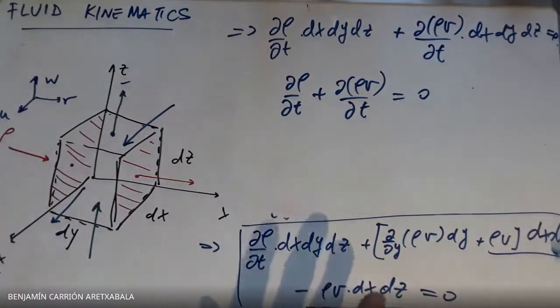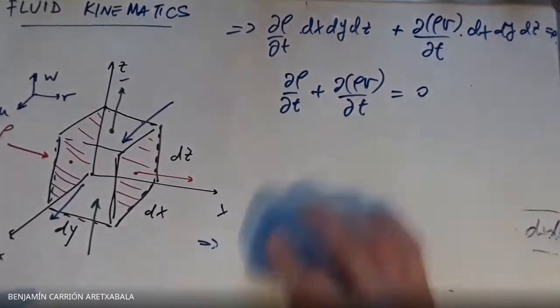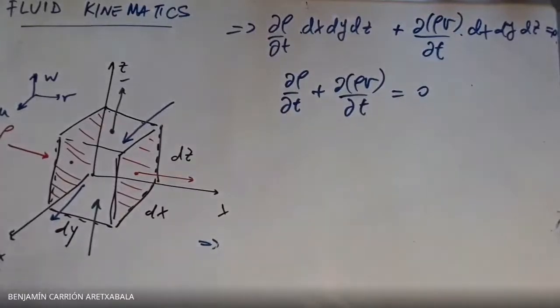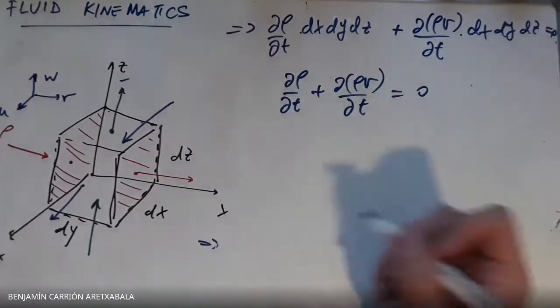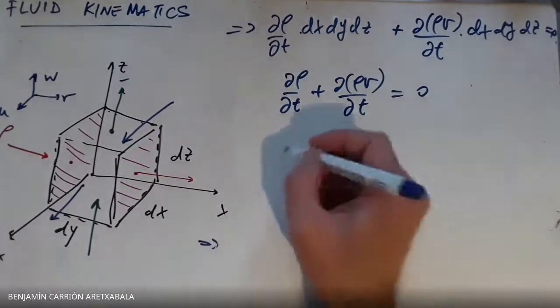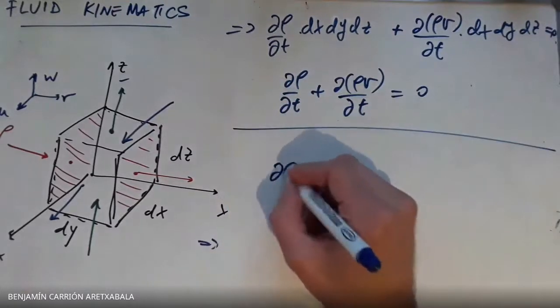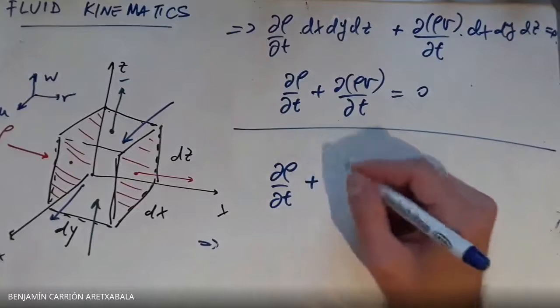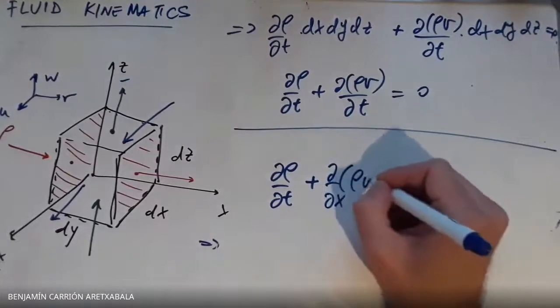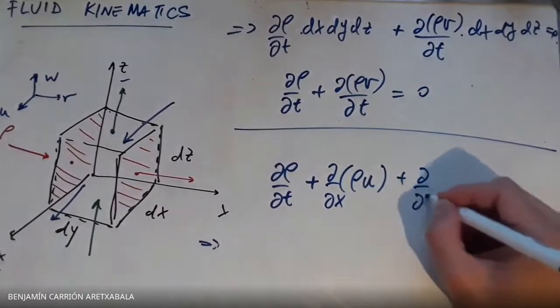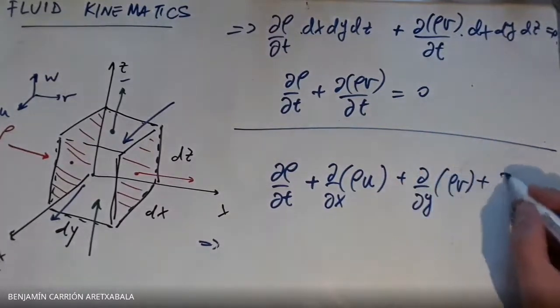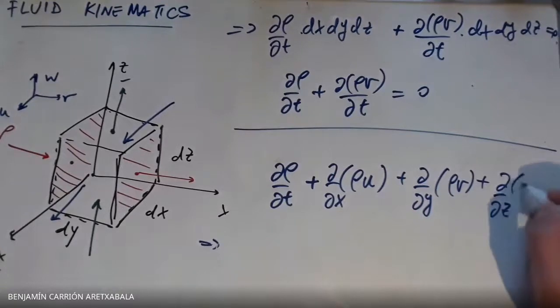Well, and if you do the same for the three directions, you're going to end up with this equation. The total change of mass is going to be the derivative of rho over dt, plus the derivative over dx of rho u, plus the derivative over dy of rho v, plus the derivative over dz of rho w.